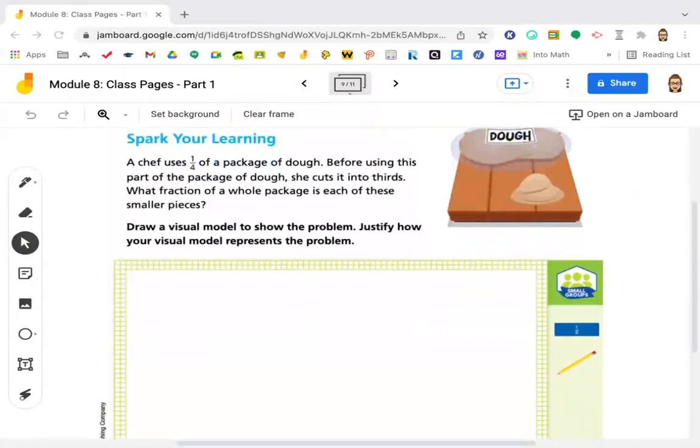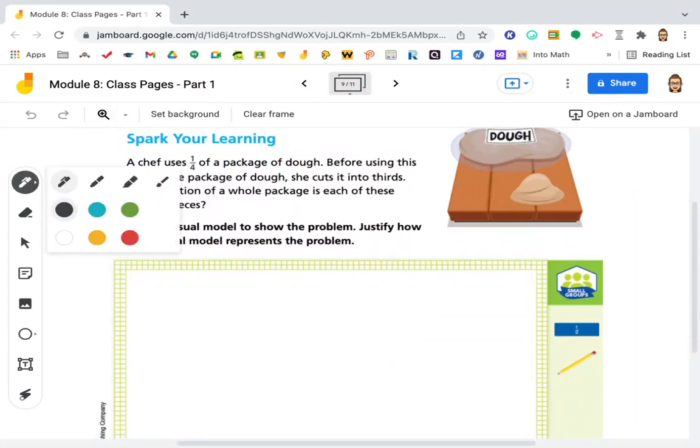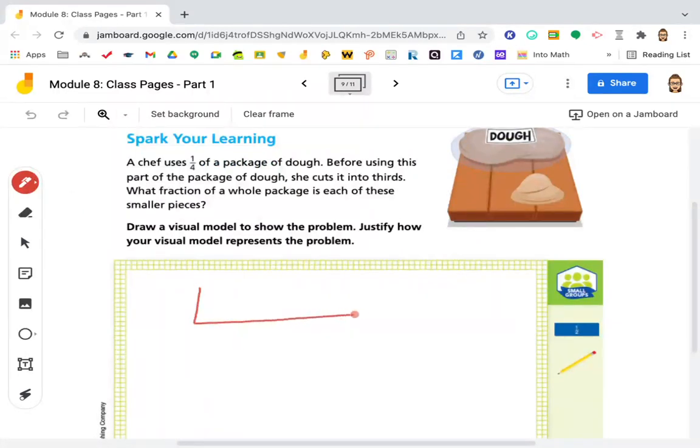Well, we're starting with one whole package. So I'm going to draw one rectangle to represent that whole. And then the chef uses 1/4 of that, sorry.